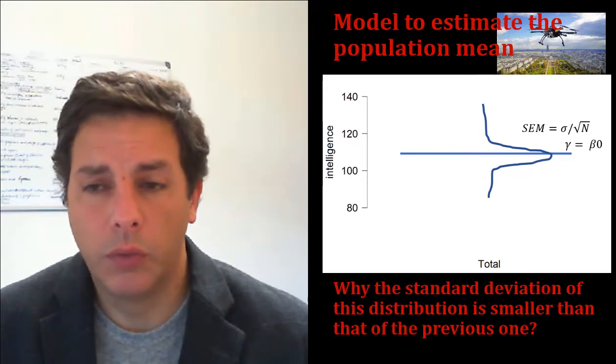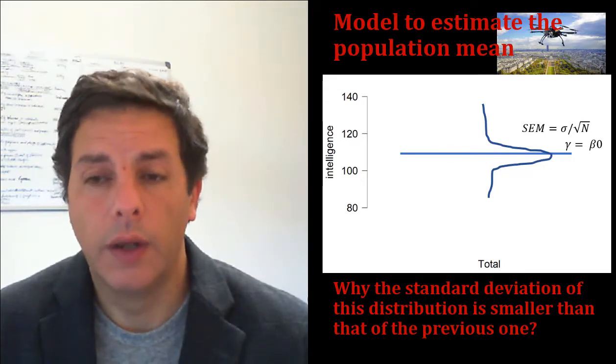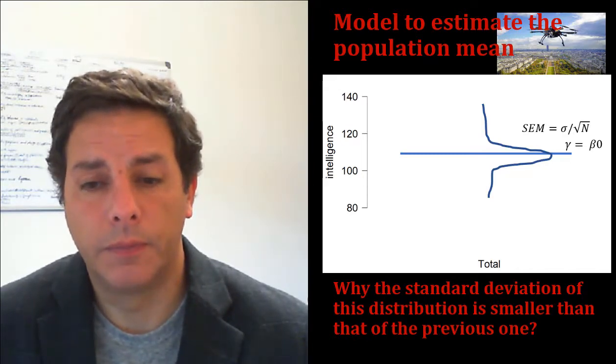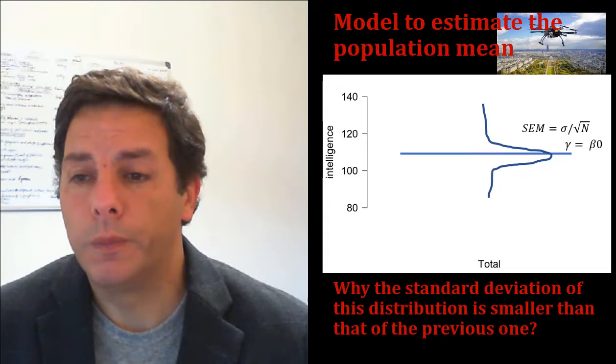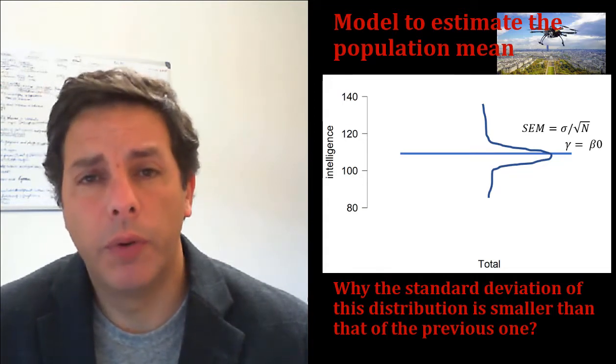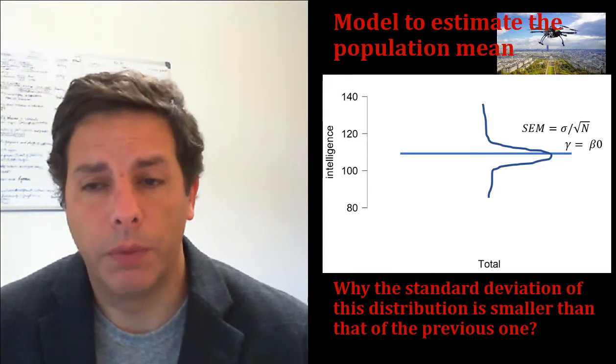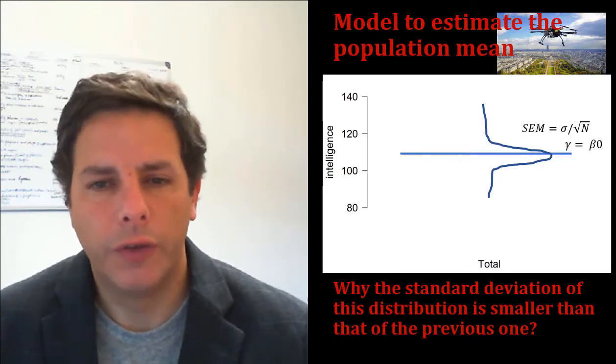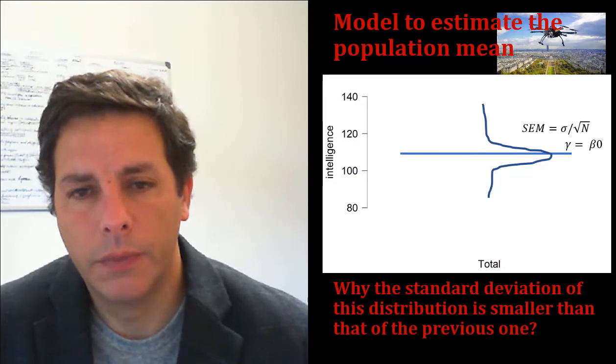Basically what we do is we assume that the mean of the population is the mean of our sample. So we use the mean of our sample to make an estimation of the mean of the population.